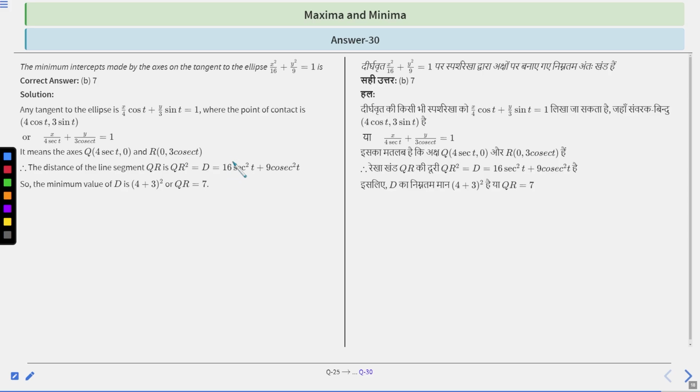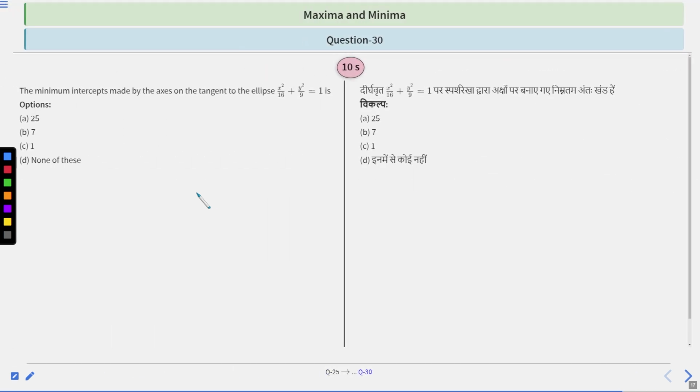Hence the expression is of the form (4 sec t) whole square plus (3 cosec t) whole square, so the minimum value of d will be (4 plus 3) whole square. Basically it was QR square, so the minimum value of QR will be 7. So I think option B is the right choice, 7.